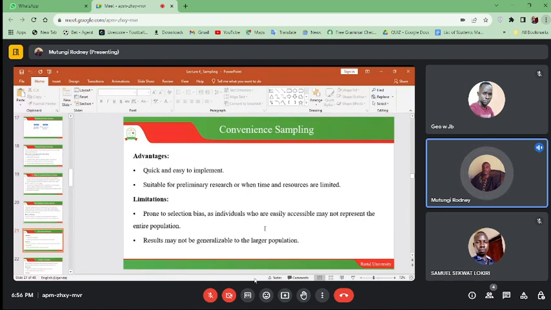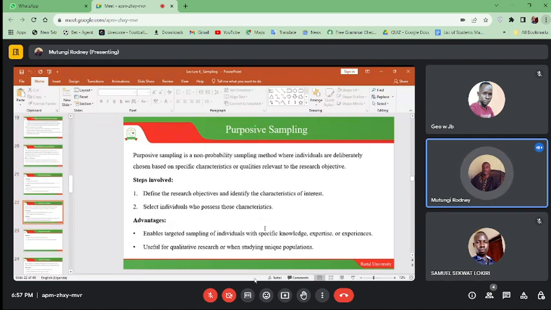Then results cannot really be used to generalize or to infer to the larger population because you haven't done any representation of everyone, okay? You have just sampled conveniently. So you cannot use such to tell us that you have generalized your results to the larger population.